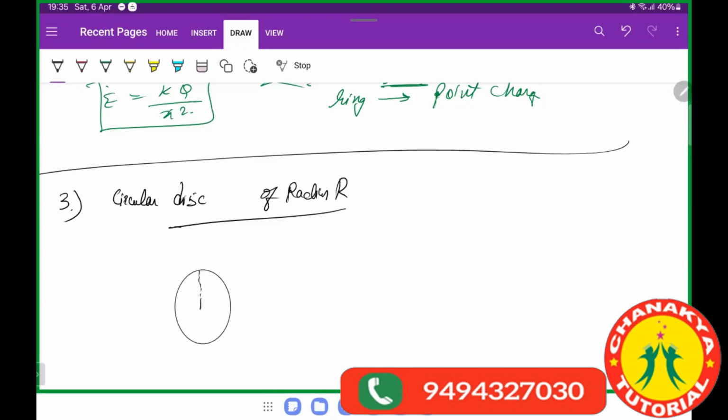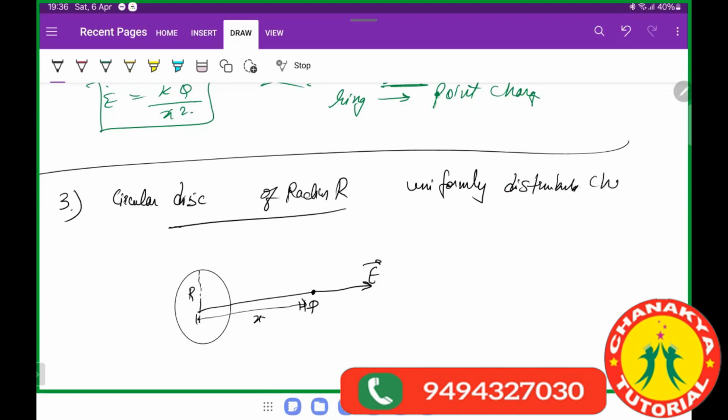This is the point, this is your x, and the electric field at P. It is uniformly distributed with surface charge density.